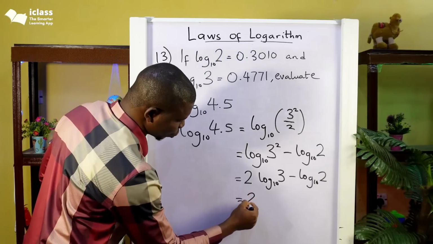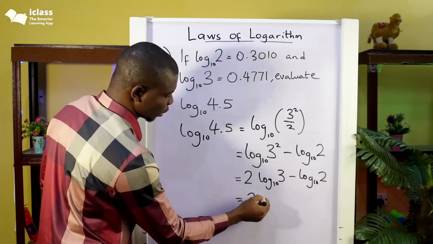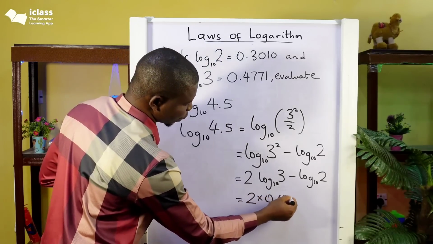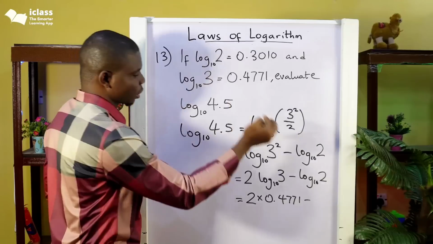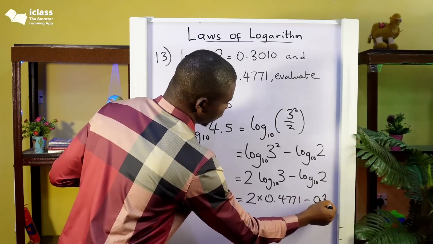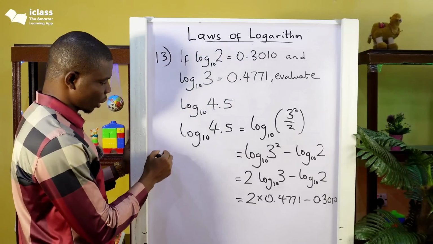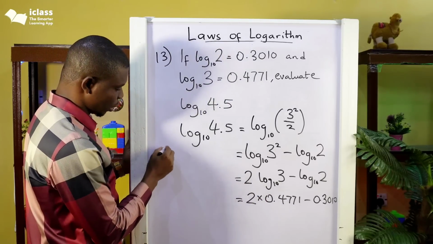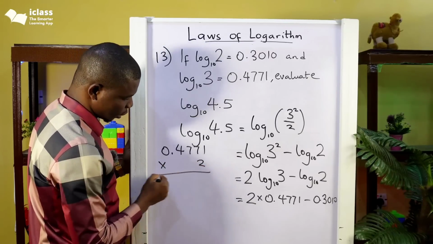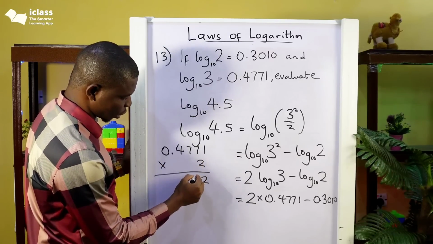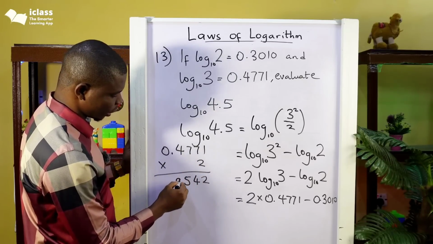So this is going to give us 2 times, we've been told what log 3 base 10 is. That is 0.4771 minus, we've been told what log 2 is. That is 0.3010. So we just need to multiply and then subtract that. 0.4771 times 2. This will give us 2, this will give us 4, carry 1, this will be 5, carry 1, this will be 9.